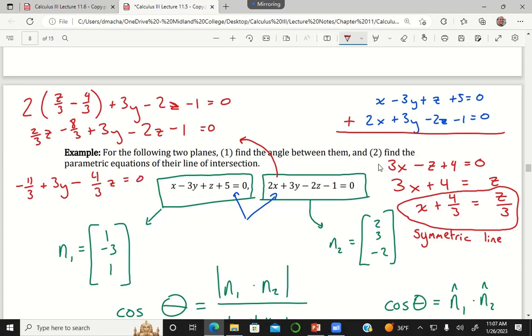I think I just collected all my like terms. And I'm trying to solve for y, and so what I'll say is 3y is equal to 4/3 z plus 11/3. And finally, y is going to be equal to 4/9 z plus 11/9. Something like that.